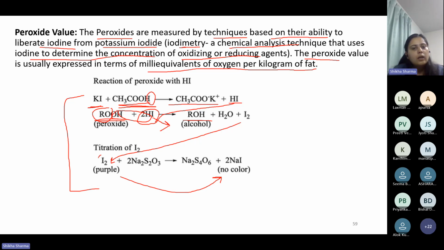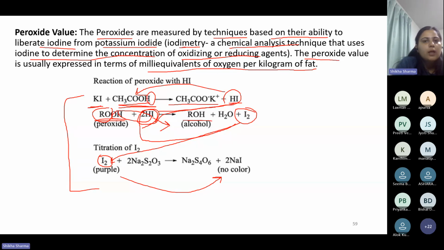So we can understand how much iodine there is. From the amount of iodine, we can understand how much HI was formed in this reaction, and from that we can understand how much peroxide is there, that is, how much oxygen is there per kg of the fat.